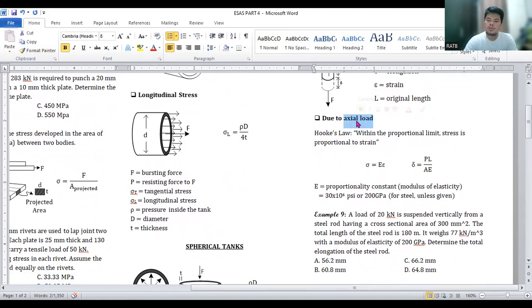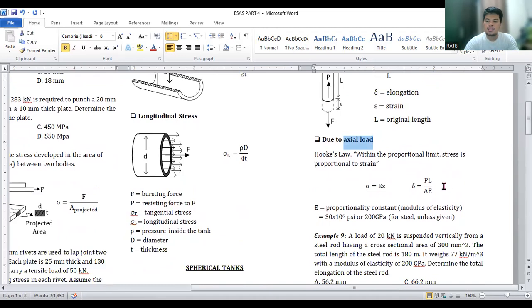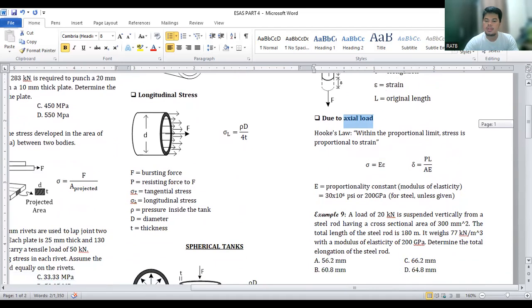It may tend to constrict if it is given a compressive load. The elongation is PL over AE, wherein P is the applied force, L is the original length, A is the area, E is the proportionality constant or the modulus of elasticity.